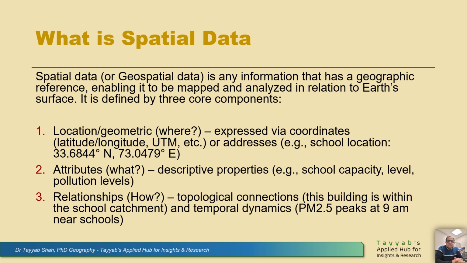Second, attributes, which are descriptive information: if you have a location, you want to describe what kind of location it is, and attach any other descriptive information. Third, relationships, such as topological connections, like this building is within the school catchment area, or temporal dynamics, like PM 2.5 peaks at 9 a.m. near the schools. This information defines geospatial data sets.